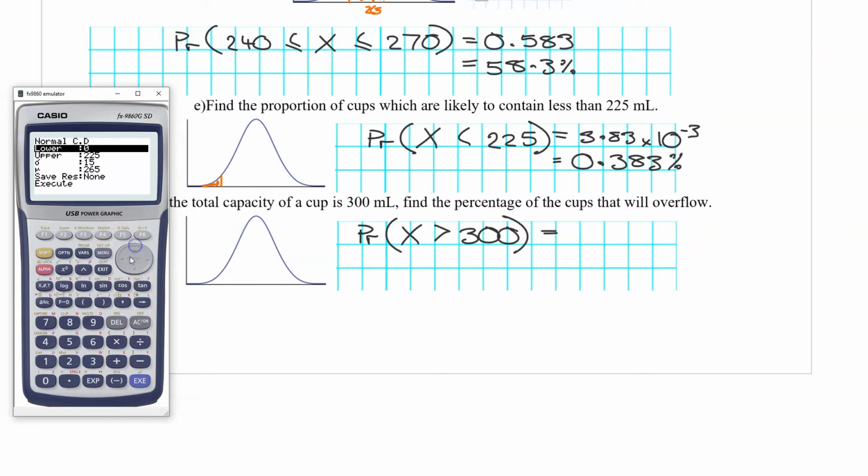And using our technology once again, we simply change it. So the lower limit is going to be 300. And then we want to set the upper to something humongous. So in this case, we'll just set it to something big like that. Then let's go execute.